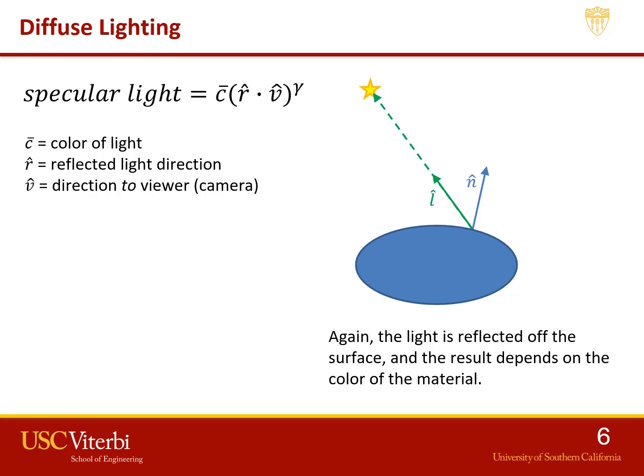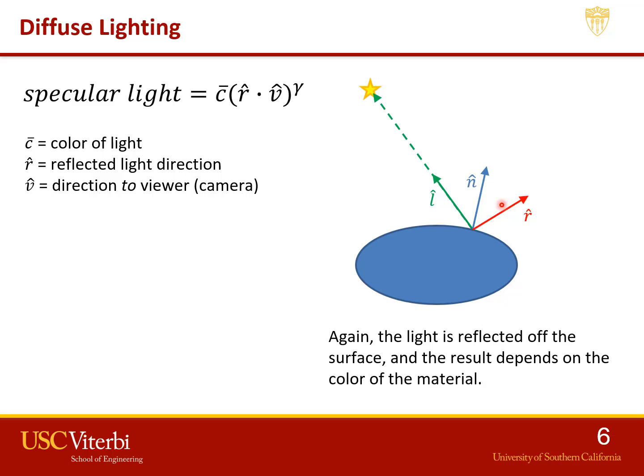Here's that same diagram where we have light. The L is the vector back towards the light, N is the normal. What are R and V? Well, R is the reflected vector. If we imagine the light coming this way, and think back to the Phong lab, the angle of incidence equals the angle of reflection.